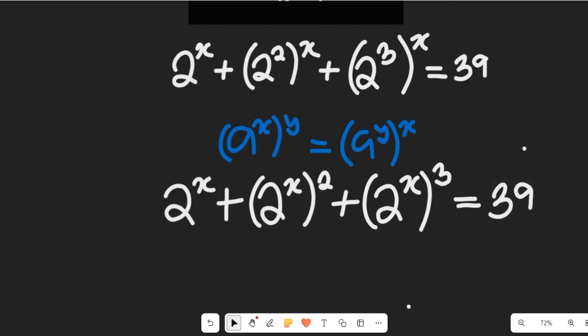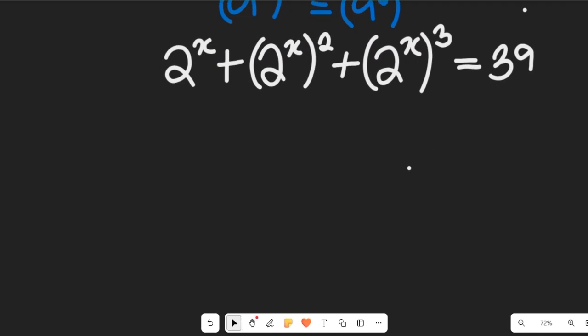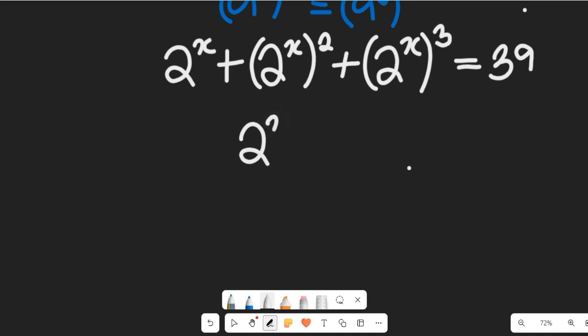Now, if we simplify this, we conclude that 2 to the power of x should be equal to y. That makes the expression easier, and this will take as an expression which we'll substitute in order to get the value of our x.